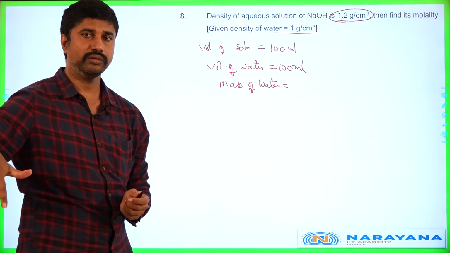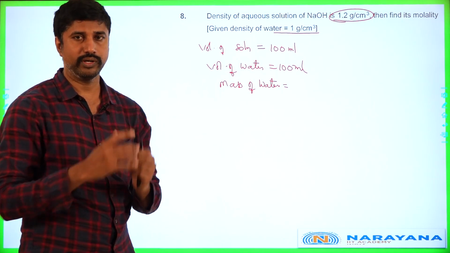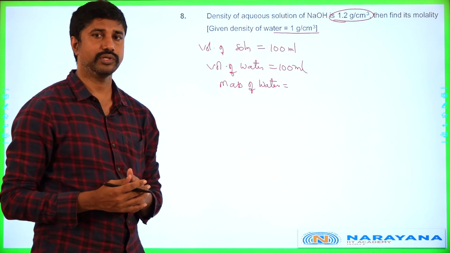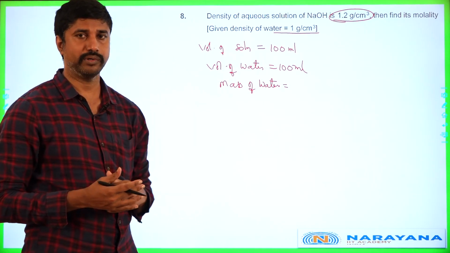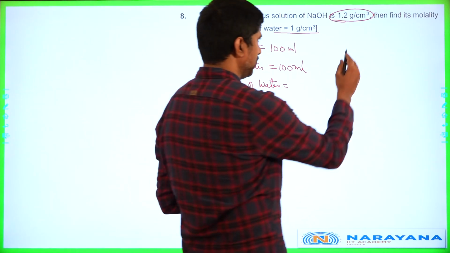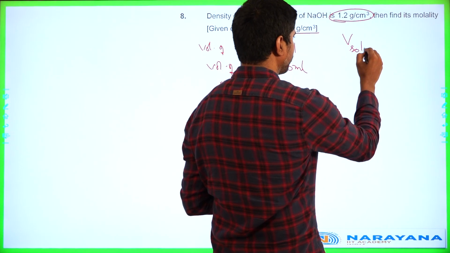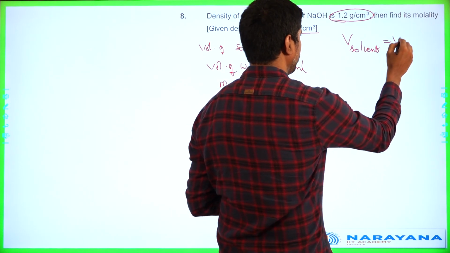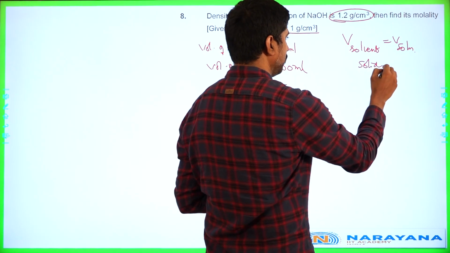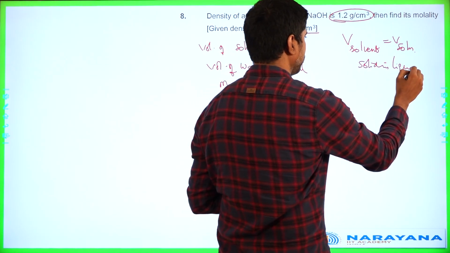So solution volume is almost equal to solvent volume for solid in liquid type of example. We can assume that approximately the volume of solvent is equal to the volume of solution, only in case of solid in liquid type of solutions.